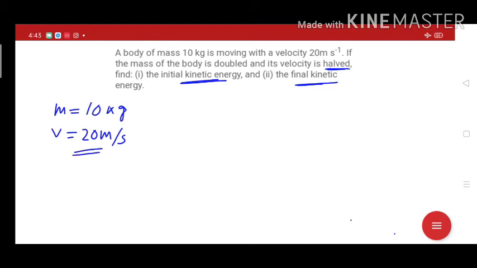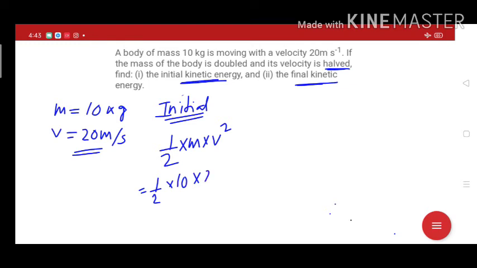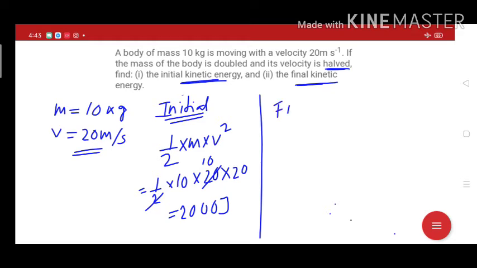Okay, so first we are going for the initial value, initial kinetic energy. So that is half mv square. So half, m is 10 and v square means 20 into 20, so that is 2000 joule.